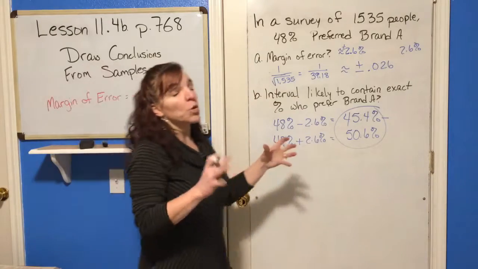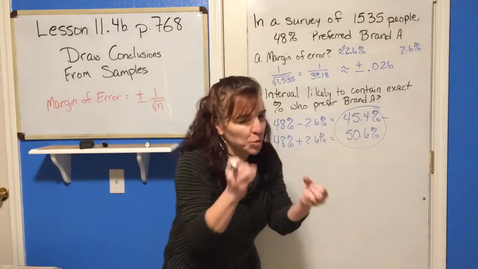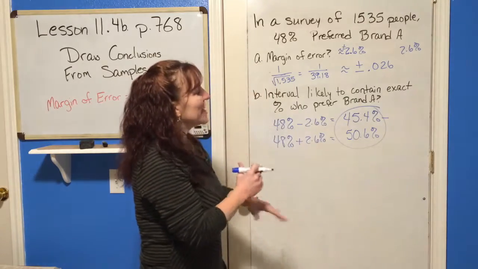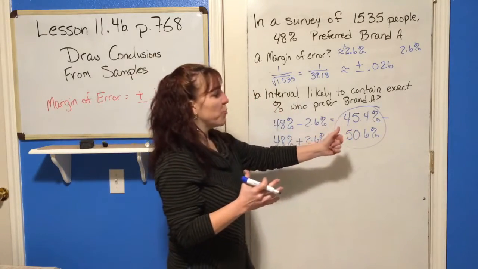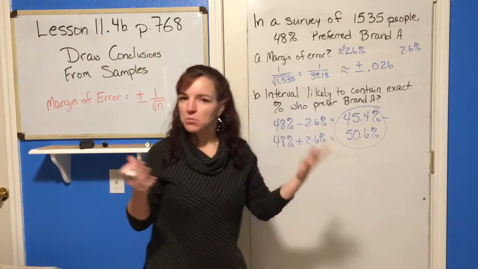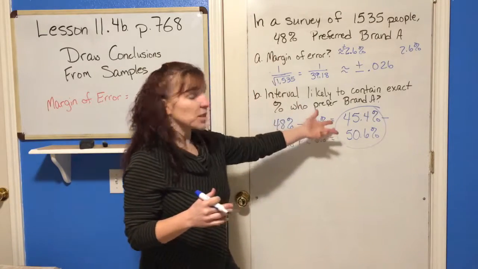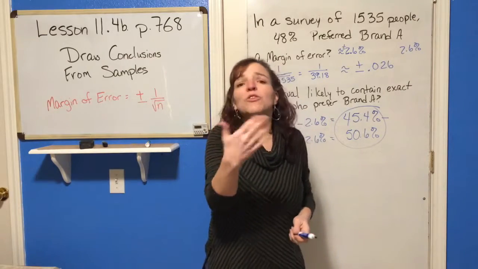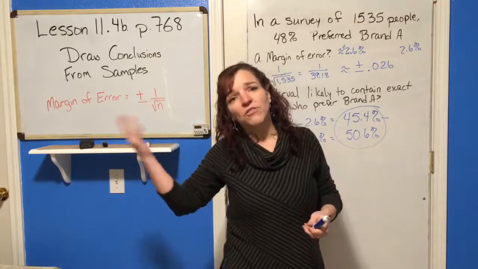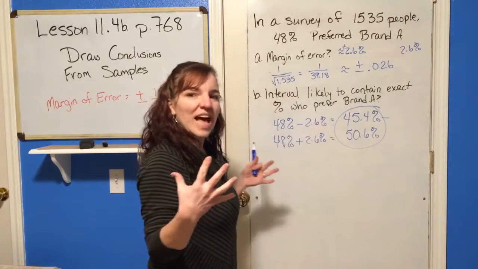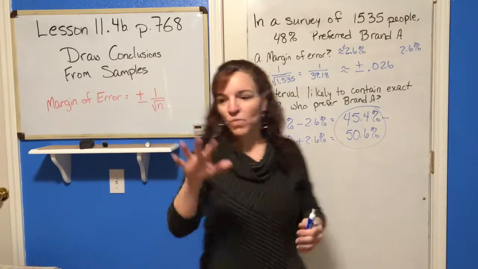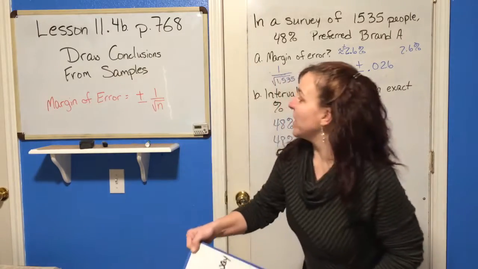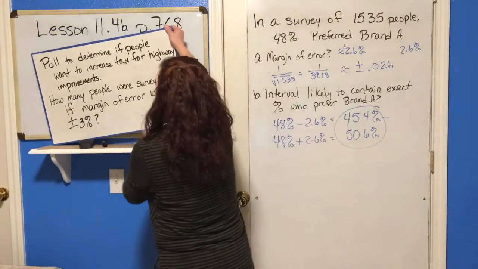What that means is the actual percent of people who prefer brand A is somewhere between 45.4% and 50.6%. So the 48% is close to reality, but we've got a margin of error. And the larger the sample size they took in their survey, the smaller that margin of error will be, and so that's a better survey.